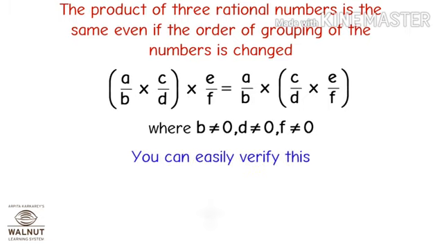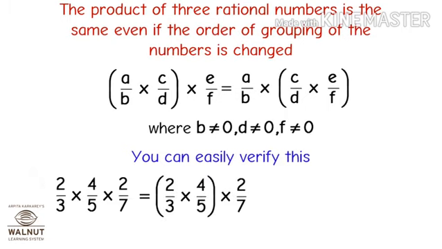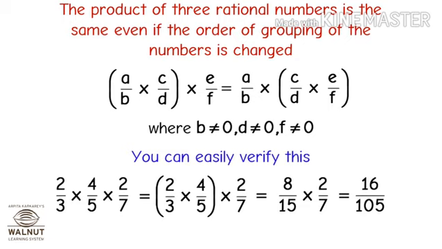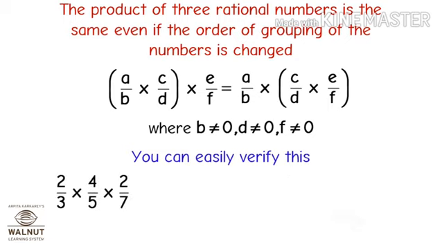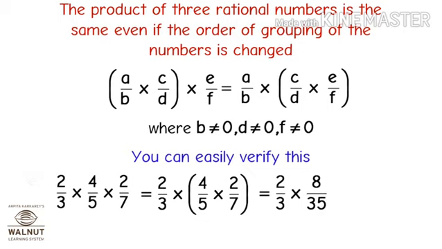You can easily verify this. (2/3 × 4/5) × 2/7 is equal to 8/15 × 2/7, which is equal to 16/105. And 2/3 × (4/5 × 2/7) is equal to 2/3 × 8/35, which is equal to 16/105.